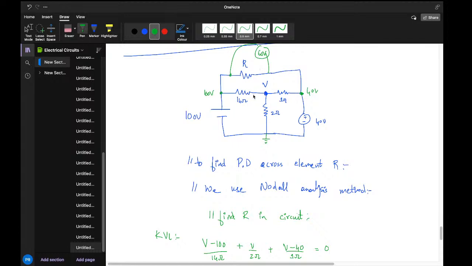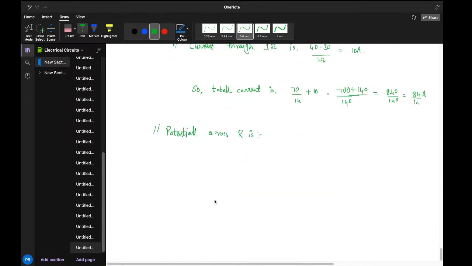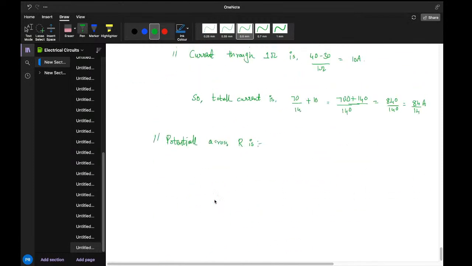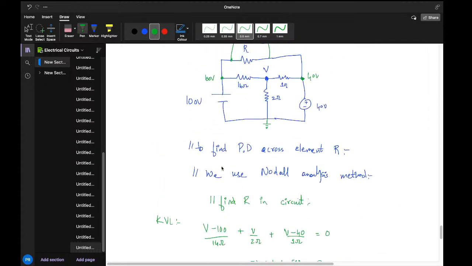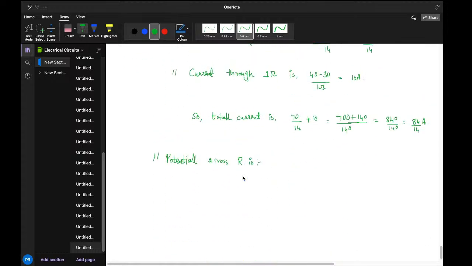We know the value of potential across R. The potential across R is given by 100 minus 40, which is 60 volts.